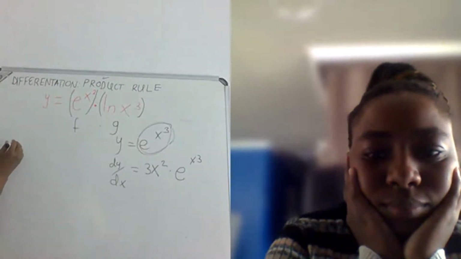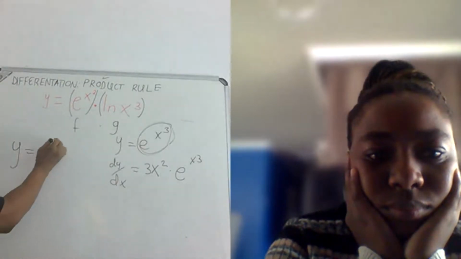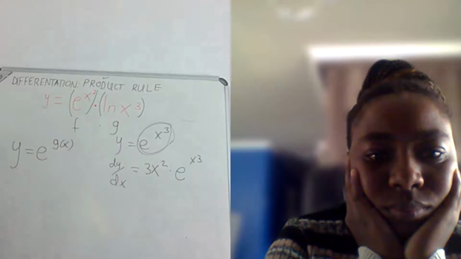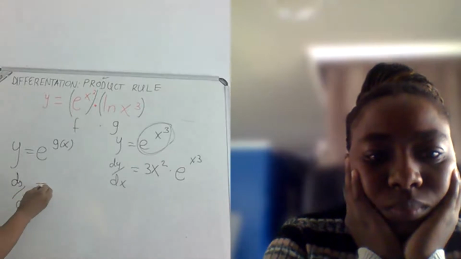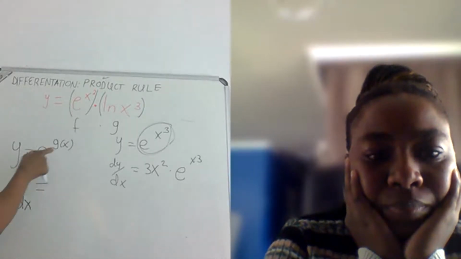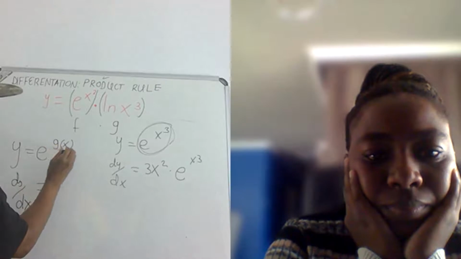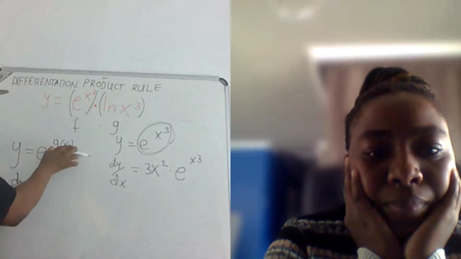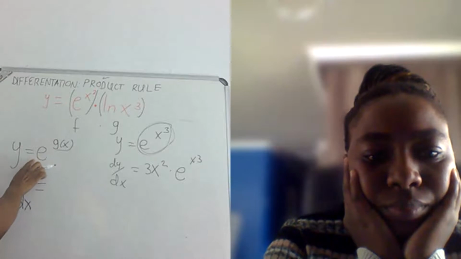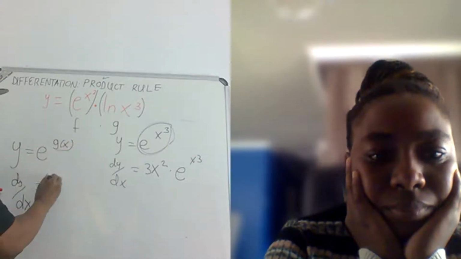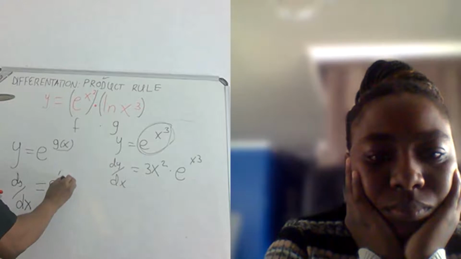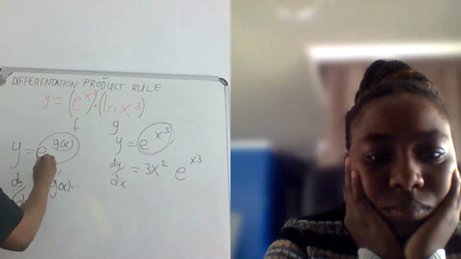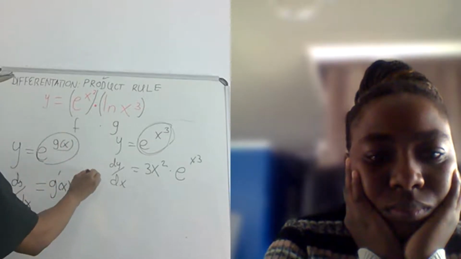In other words, if somebody gives me y equals e to the power g of x and says differentiate, when you differentiate y you get dy, but here there's an x, so dy over dx equals. What you do is differentiate anything which is on top. When you differentiate g of x, you get g prime of x, so we take this right behind e, and then write exactly what you have here, e^(g of x).